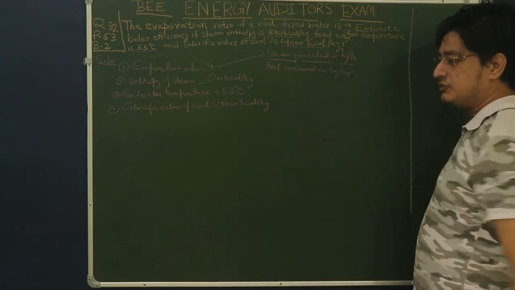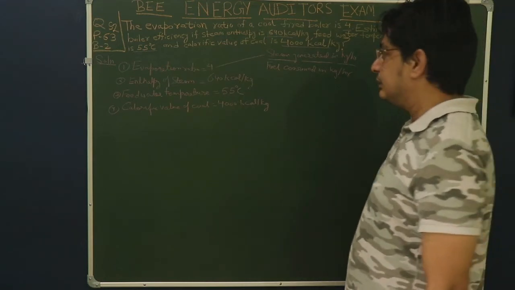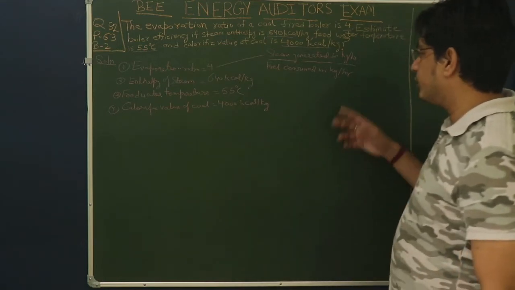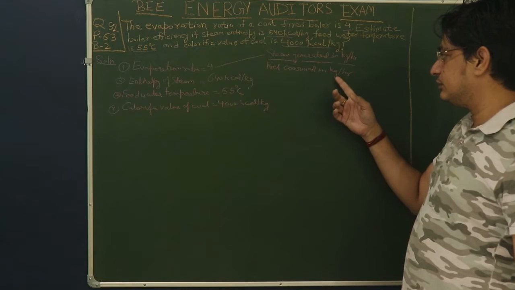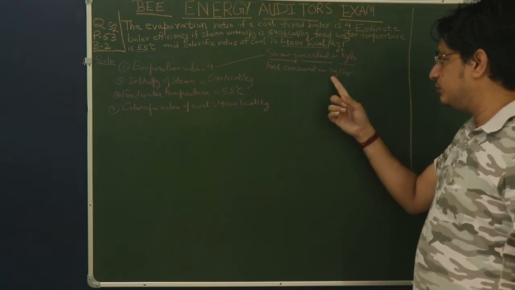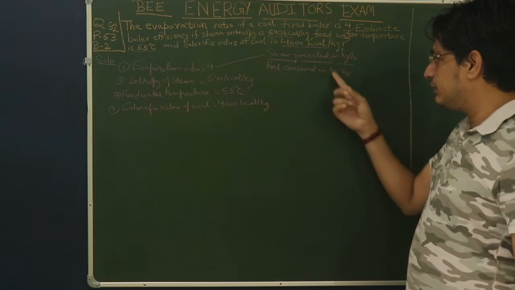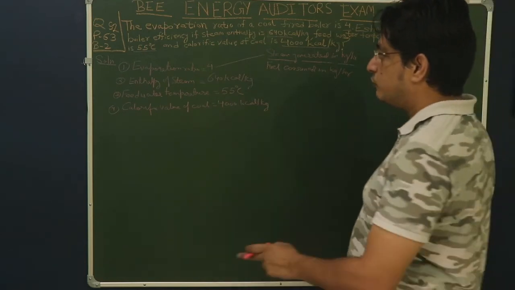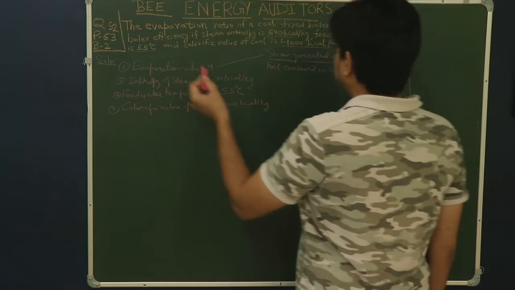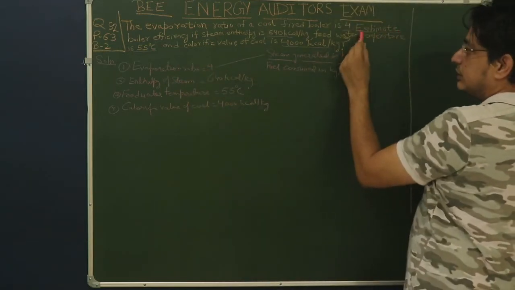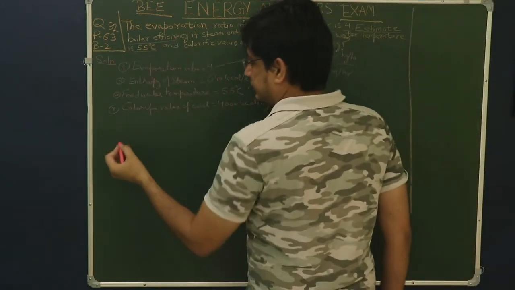The fuel which is consumed in the boiler for getting the heat energy is the rate of fuel consumed, given in kg per hour. This means how much fuel is getting consumed per hour. So what we are asked in the question, we are supposed to estimate the boiler efficiency.